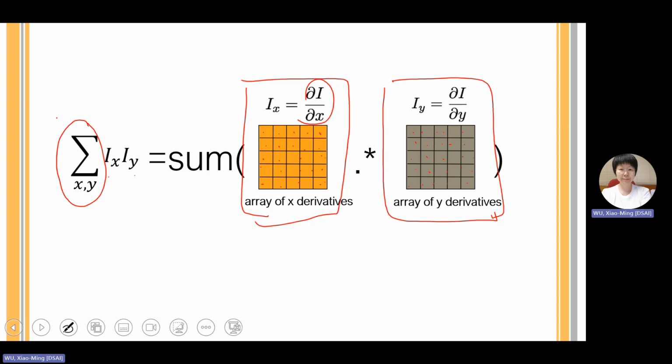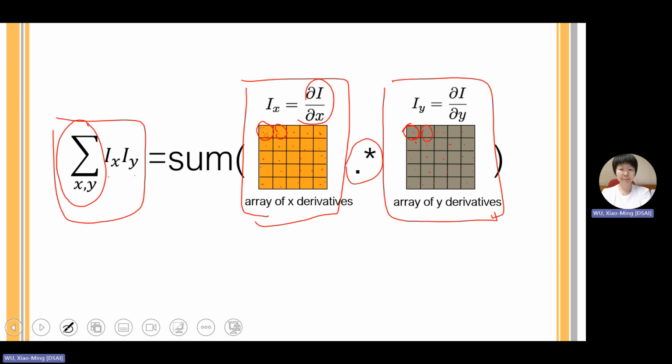This term can be computed by a pairwise multiplication of the two matrices. So this element will be multiplied with this element, and this element will be multiplied with this. A pairwise multiplication of the two matrices.